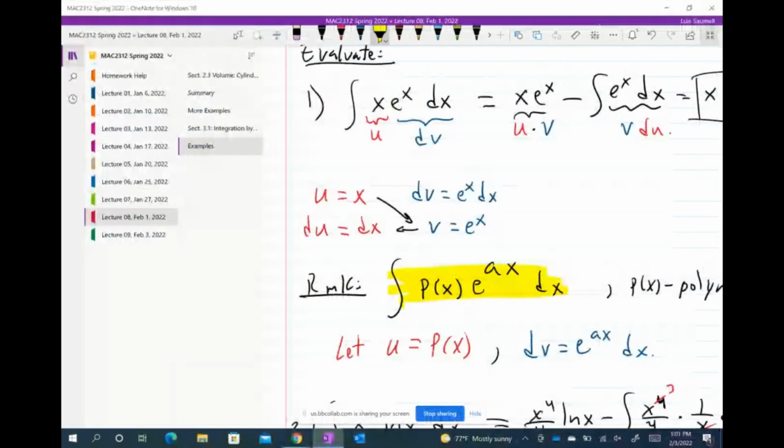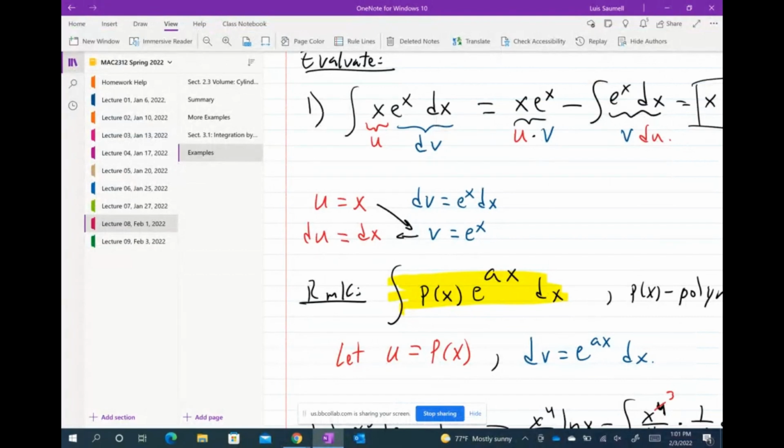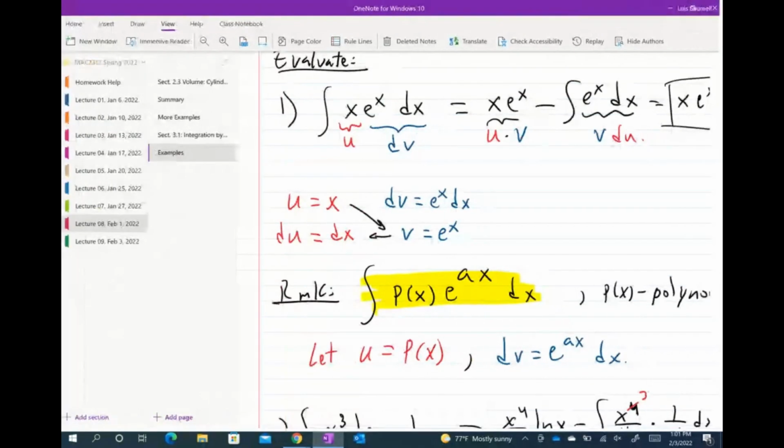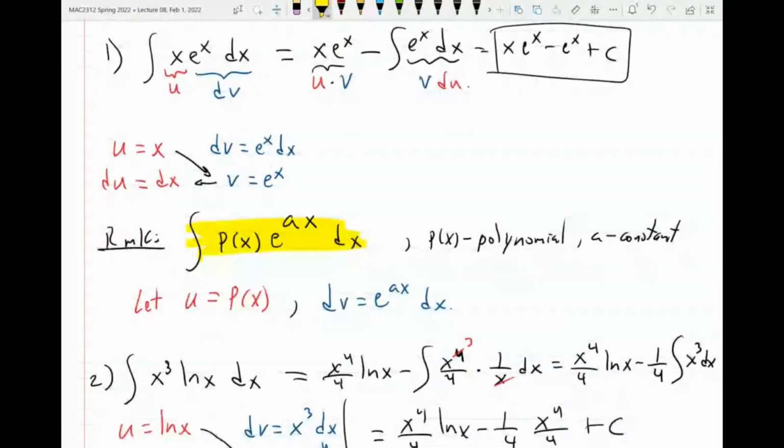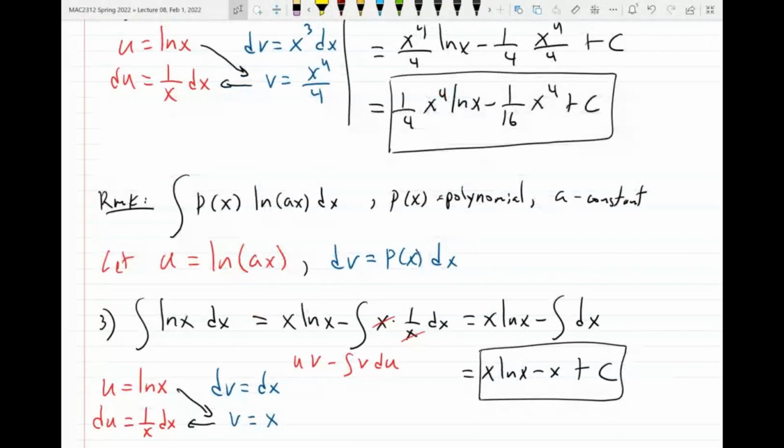The same thing happens for sine and cosine: if you have polynomial times sine or cosine, your u is always the polynomial and your dv is the other function. Now for logarithm, it's the other way around. If you have a polynomial times a logarithm, your u is your logarithm and your dv is the polynomial.